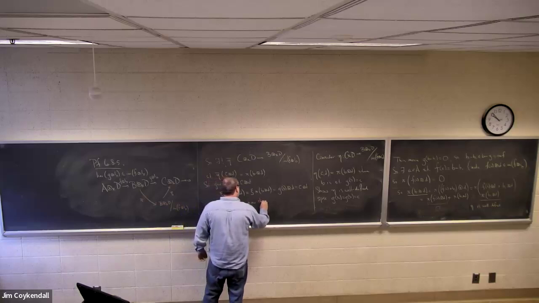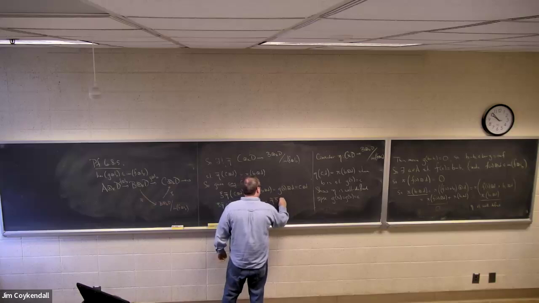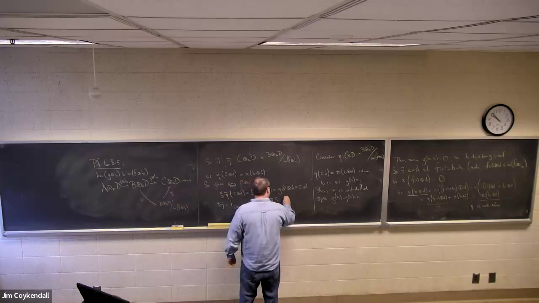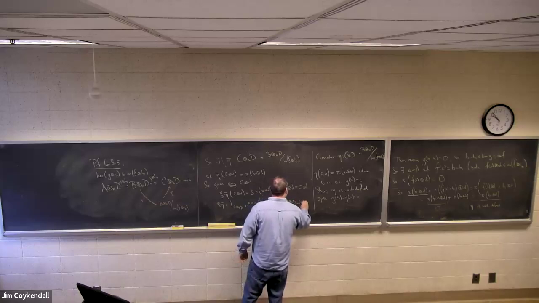Now showing the other one is similar. The identity on B tensor D modulo the image of F tensor 1.